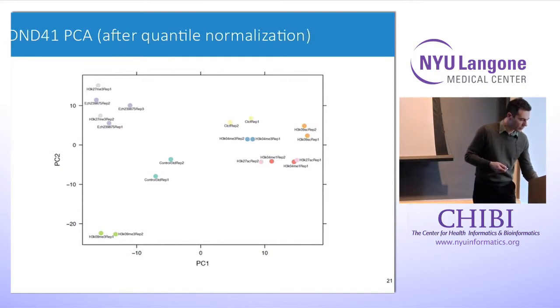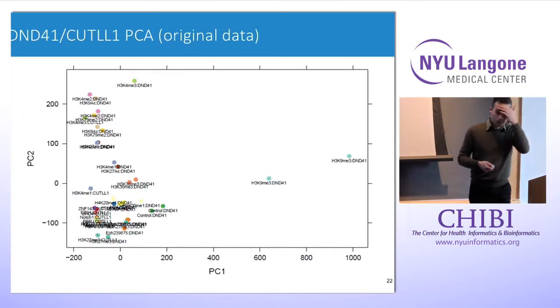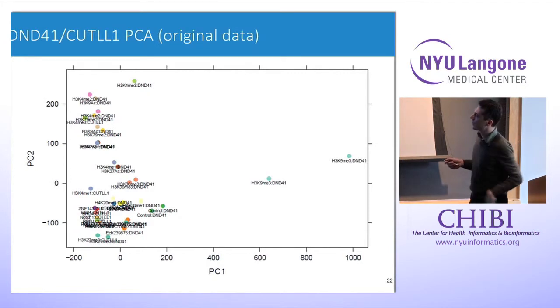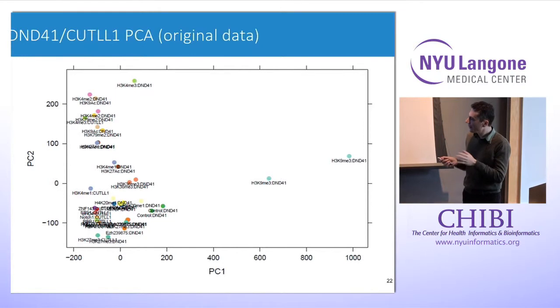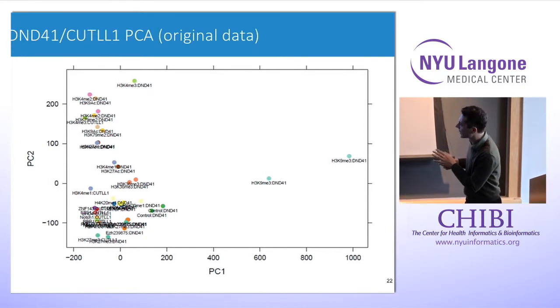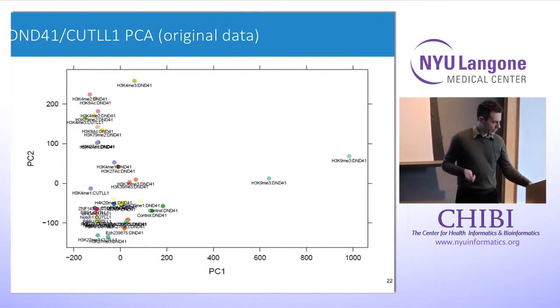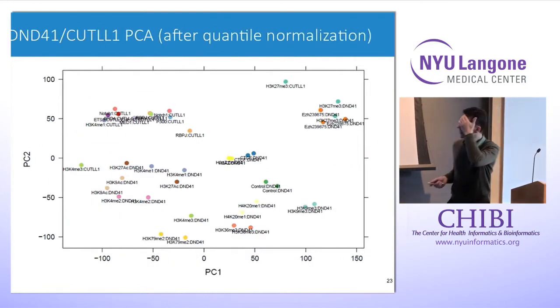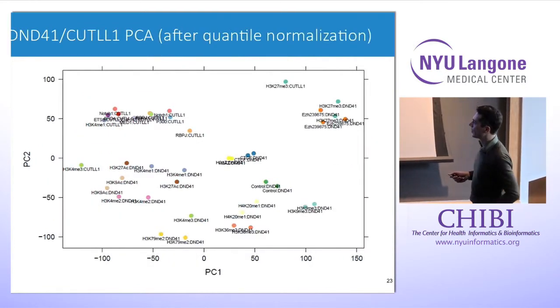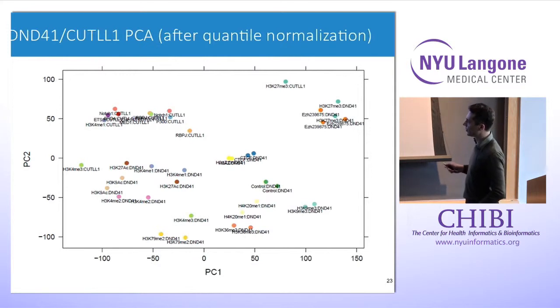If you add a second cell line, then this is how it looks when you don't do a quantile normalization. I think it's pretty ugly. I mean, you can still argue, yes, colors are kind of close, but I think that's much better. Okay. So the separation and the clustering is much clearer. Unfortunately, we didn't have matched histone modifications between the two cell lines.